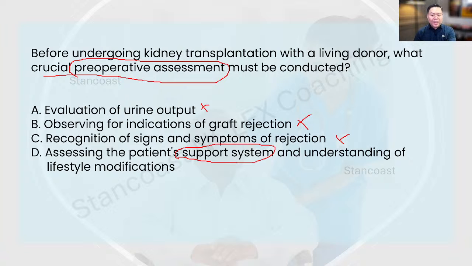And so another thing that we need to consider is the compliance with the medication, because after the transplantation of the kidney, they need to adhere to the schedule of the medication regimen, right? Because our goal here is to prevent rejection of the transplanted kidney.